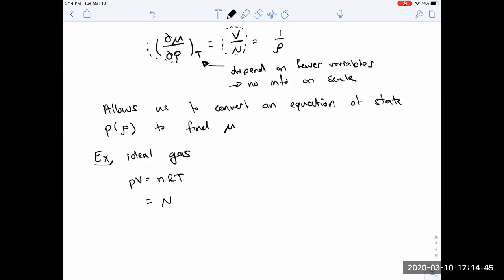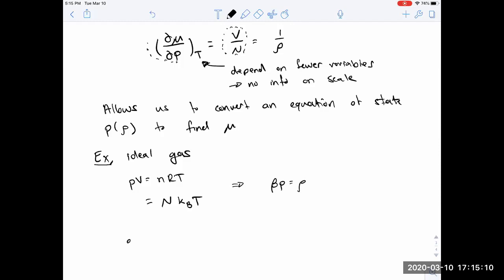And instead of the number of moles times R, we have the number of molecules times kBT. If we rewrote this in terms of the density, we'd have beta P is equal to rho. So there's a relationship between pressure and density.